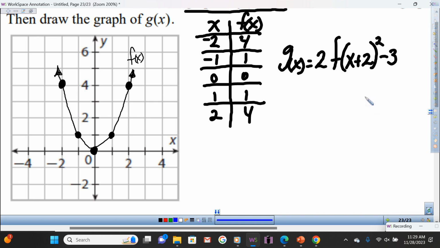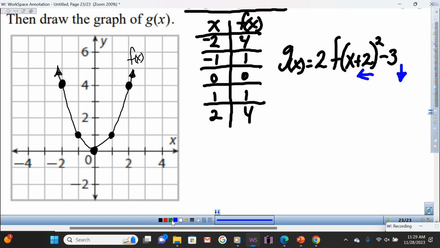All right, where are we moving that to? How about Laura? Where are we moving that to? 2 to the left and 3 down. Hands if you agree with that. Okay, we can do that at the end.